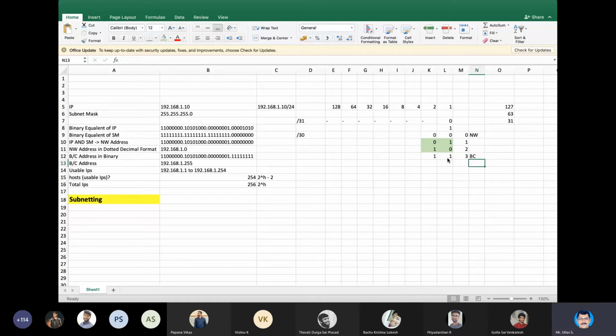Venkatesh, Pranav, Mirza. Okay. Can you type your answers in the chat window, guys, quickly? Those 8 people who raised their hand, can you put the answer in the chat window?